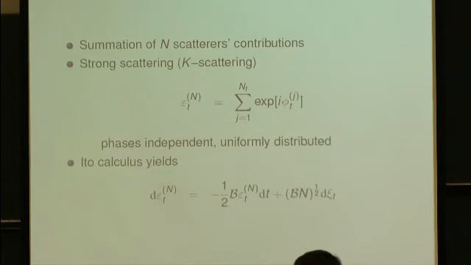What you do next is make the assumption that those phases phi can be written as a collection of displaced linear processes. I think that phi is a pure linear process. Then, if you use Ito's formula, you obtain the following stochastic differential equation for your scattered amplitude, where b is basically related to the time scale of the phase linear process.